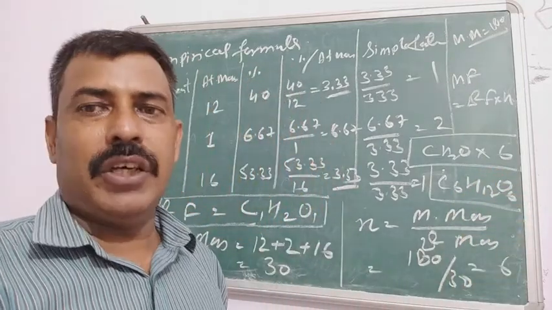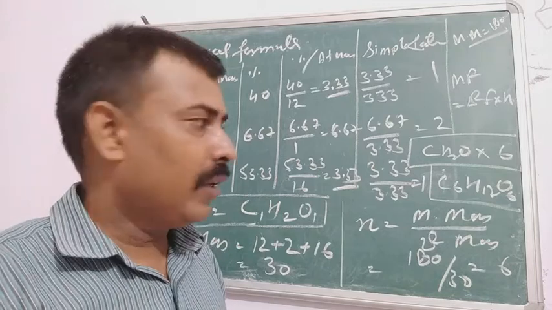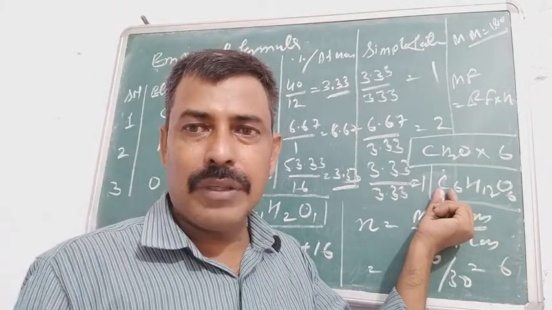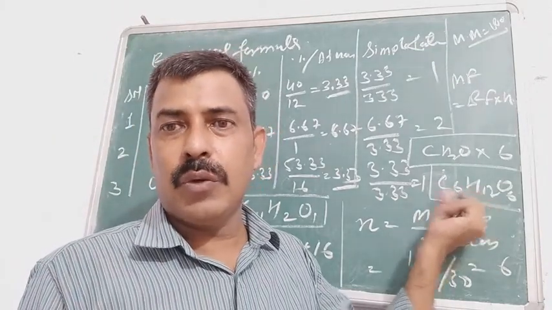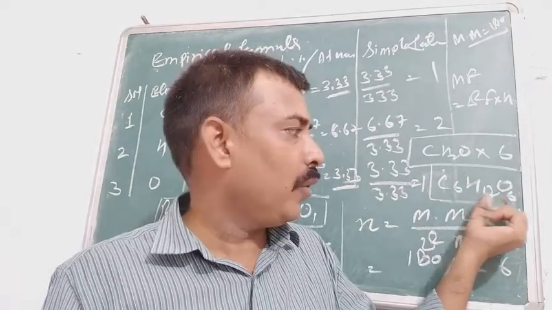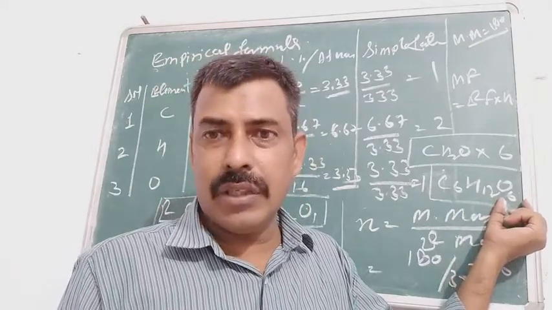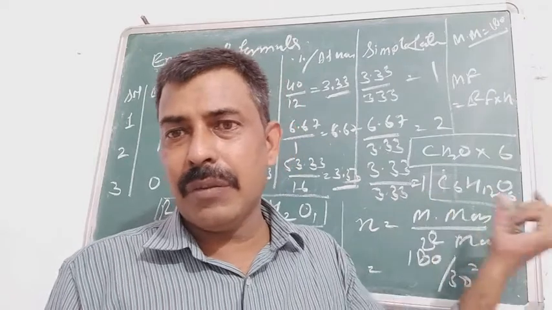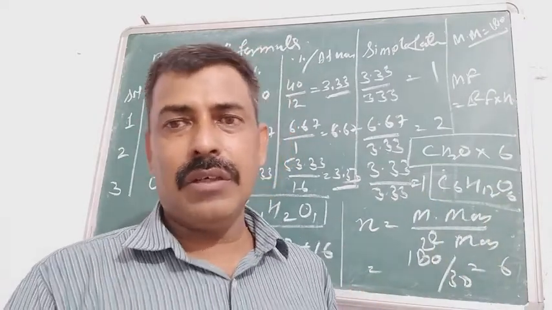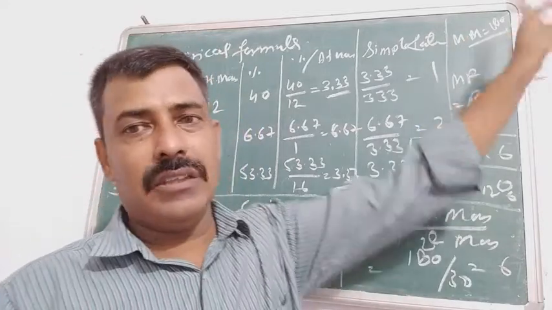To find whether the answer is correct or not, you can find the molecular mass. Carbon C6, 12 times 6 is 72, plus 12 hydrogen is 84, plus 6 oxygen 96. When you add these values, you will get 180. This is the molecular mass of the compound as it is already given.